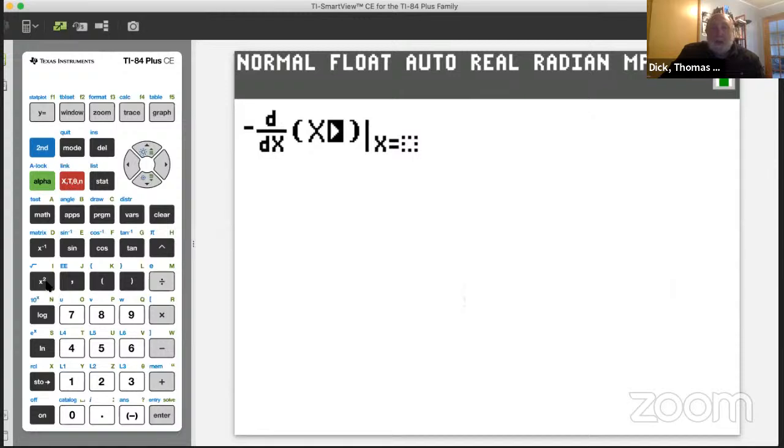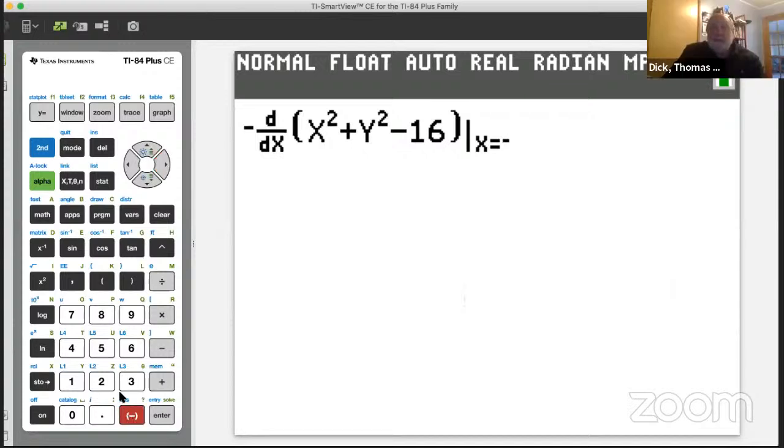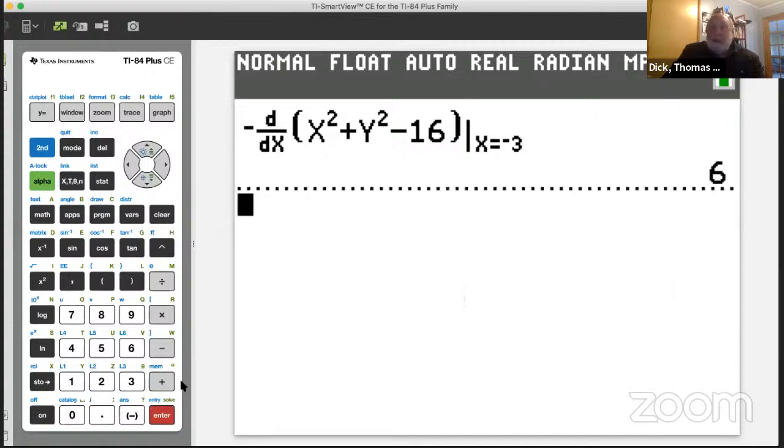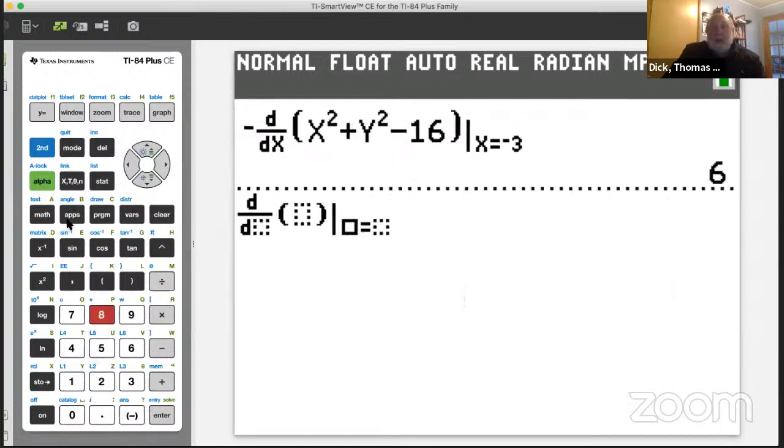So that would be x squared plus y squared, I'll get the y off the alpha menu, minus 16. And I believe the point you were looking at, Steve, was x equals -3, y equals square root of 7. That's correct. So I'm going to evaluate that at the x value, -3. Get that value. And now I'm going to take another numerical derivative, but this time I'm going to take the derivative with respect to y of that same expression.